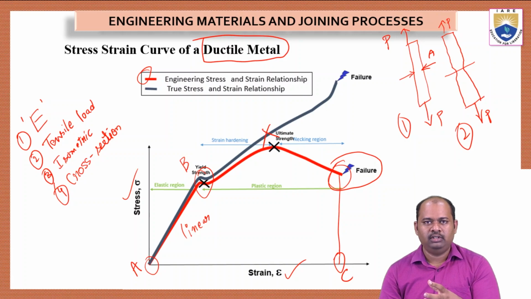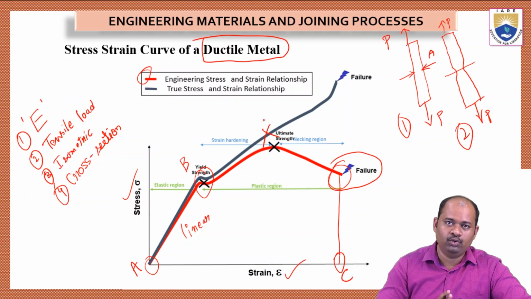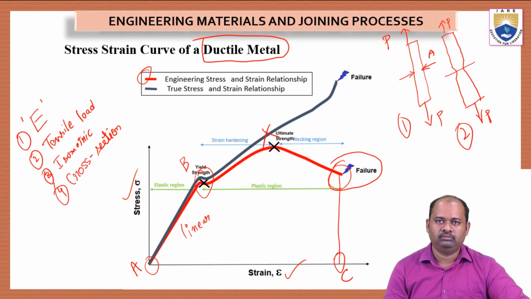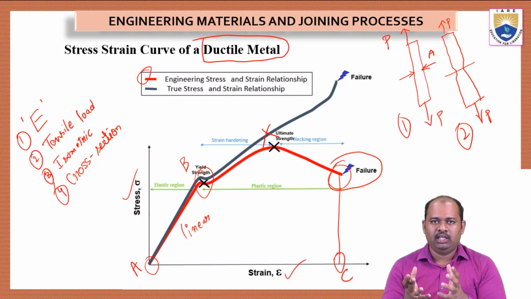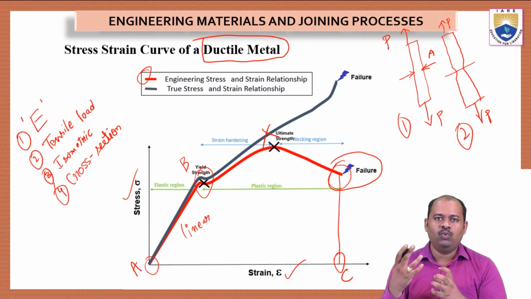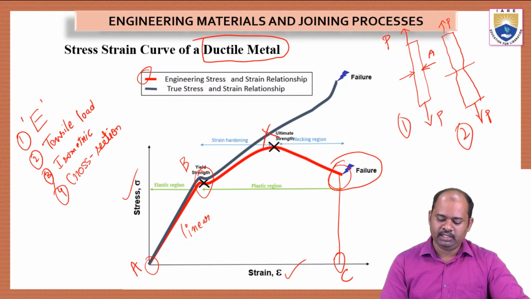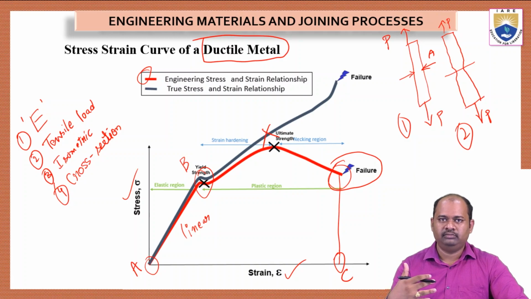That is why the stress graph should go higher, not downwards. Even though the cross sectional area is less than the original, it still can bear more load or exhibit more stress. The stress bearing capacity is more even though the cross section area is less when compared to initial values.